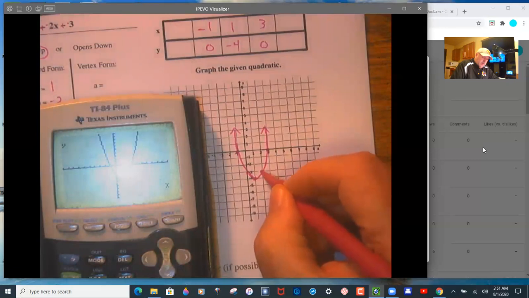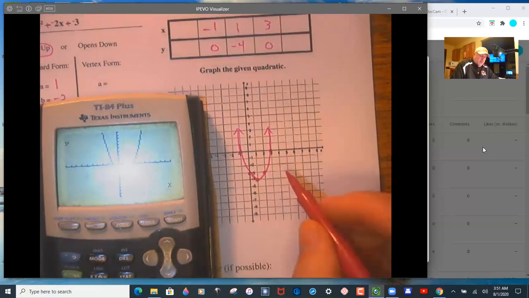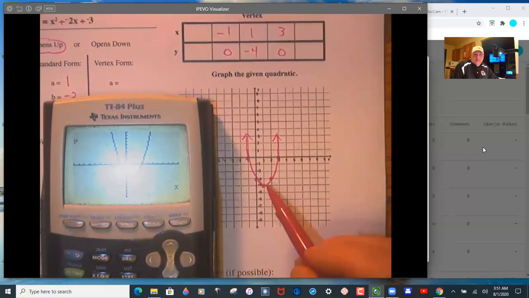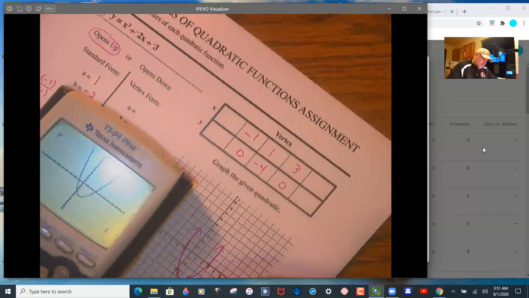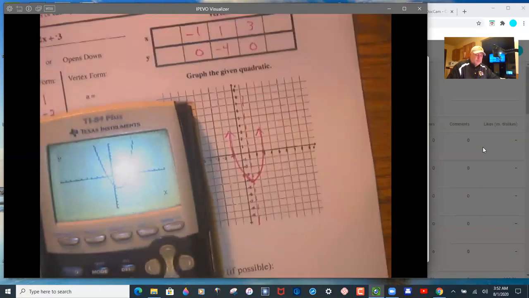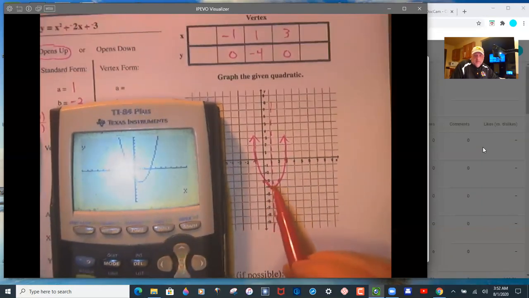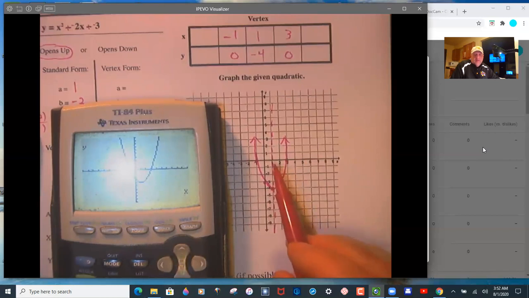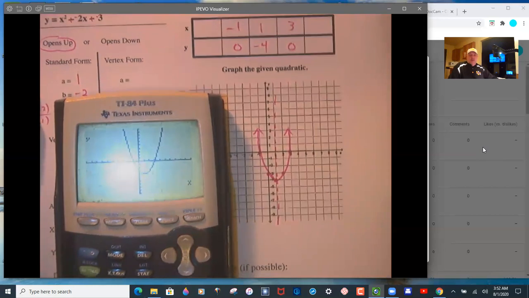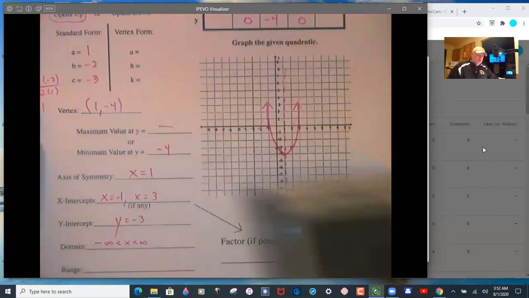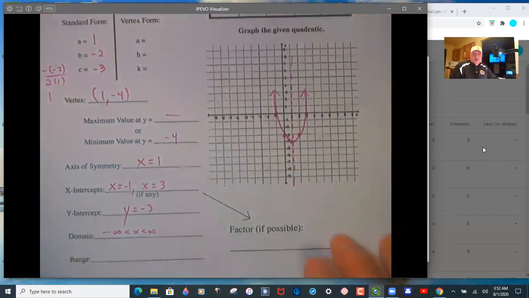And there's all these symmetry points. So the idea of symmetry: here's your vertex, and there's this axis of symmetry that runs through it. That's what the x equals 1 was. And so the points are located at a symmetric distance. So if we have this one, then we go 2 to the left, and we have that x-intercept. So that's good to use all the time.